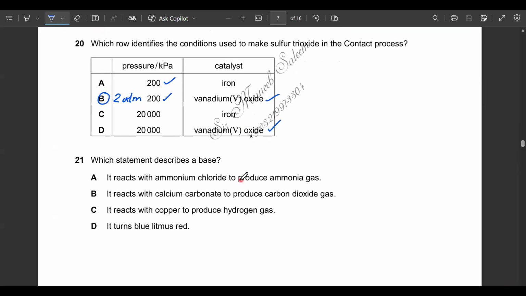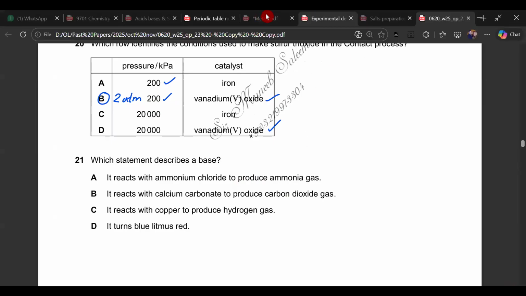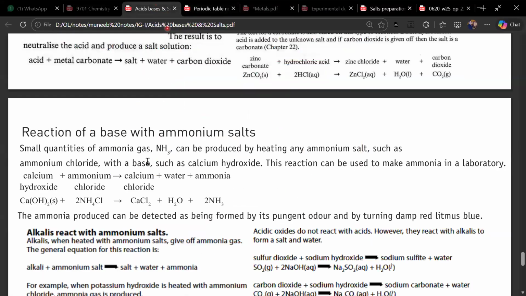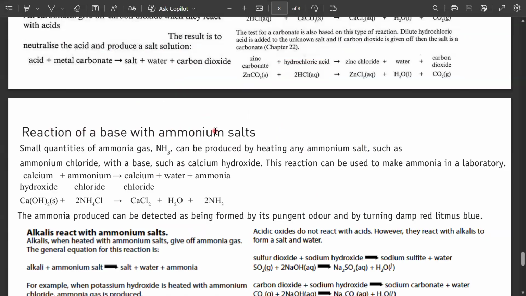So to remember this property of the base, we have to look at the literature of the reactions of the base or an acid with the ammonium chloride. So here we studied this topic, reaction of the base with the ammonium salt.